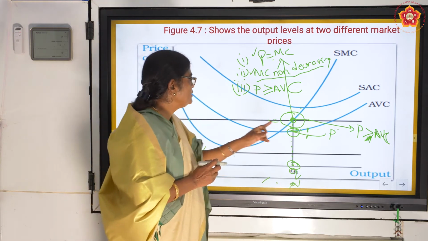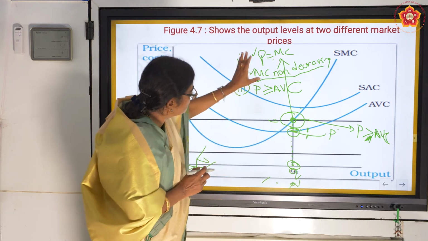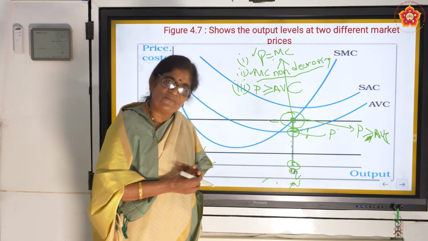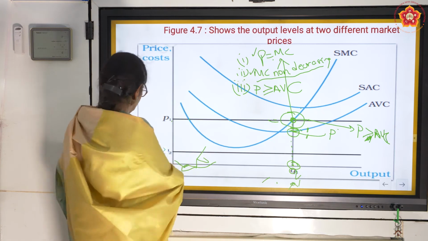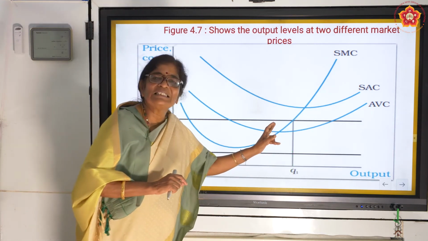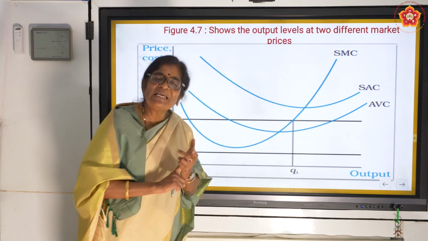Therefore, this point we are going to take as the profit maximizing level of output for the firm. Then what happened to P2? We have already considered P1. What is happening at P1?